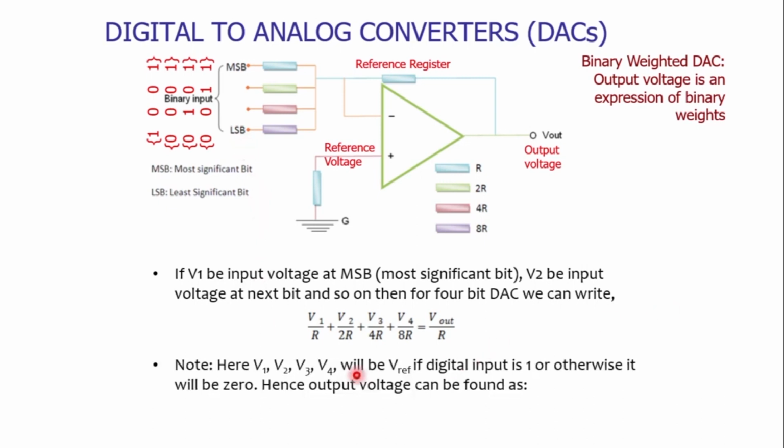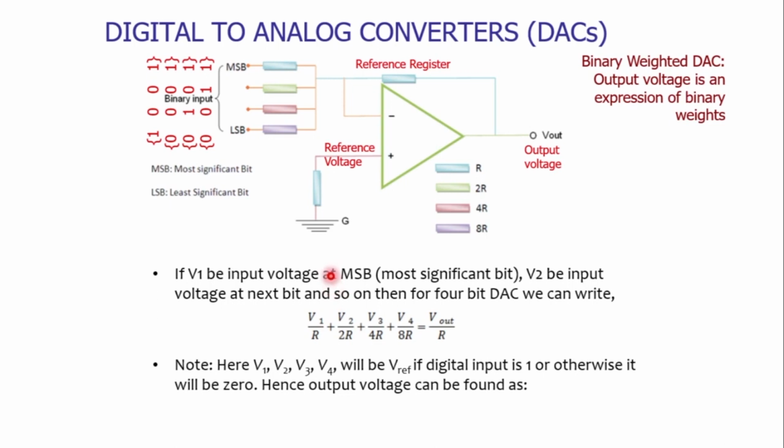Now, as I mentioned, V1, V2, V3, V4 will have the reference voltage value if the digital input is 1, otherwise it will be 0.